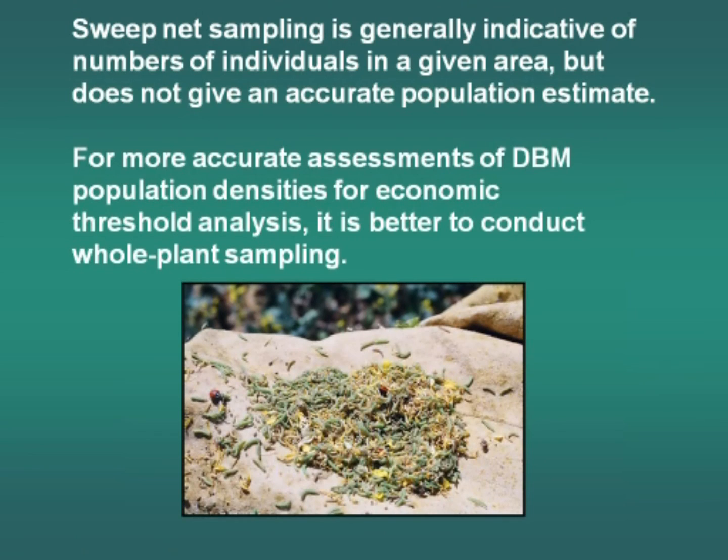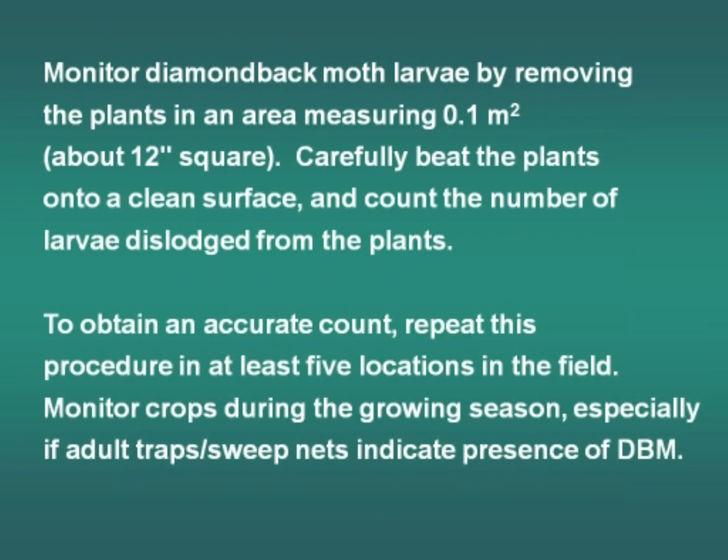It gives an indication that diamondback numbers seem to be high, but in order to get a better handle on population density, it's much better to conduct whole plant sampling, and that's recommended by agricultural entomologists. The way this is done is to remove the plants in an area of about 12 inches square, a tenth of a square meter.